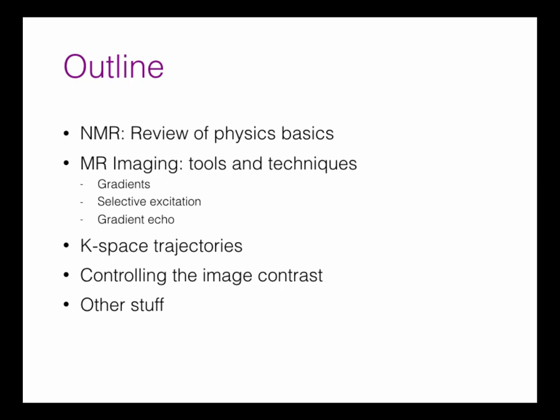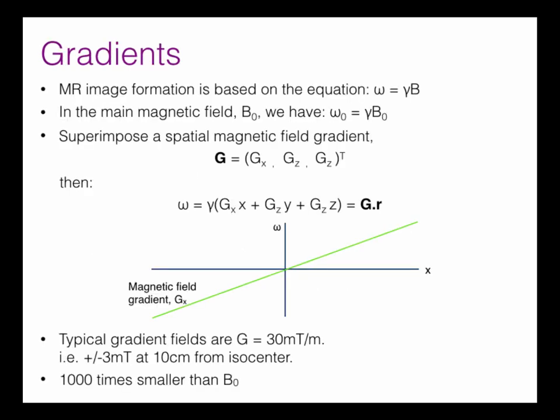Now I'd like to discuss image formation techniques, and in particular the main thing for spatial localization, which is gradients. To summarize again, we have our main magnetic field B0, and of course we have omega equals gamma B, my favorite equation of the day. Supposing we now superpose what we call a magnetic field gradient.